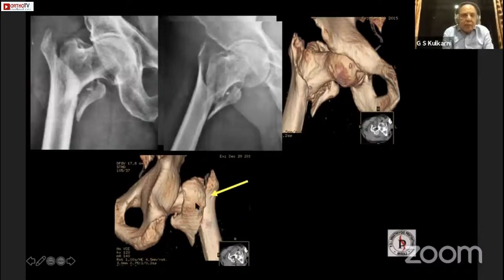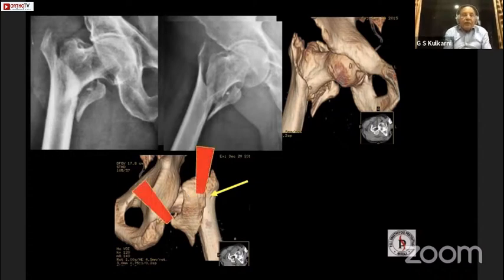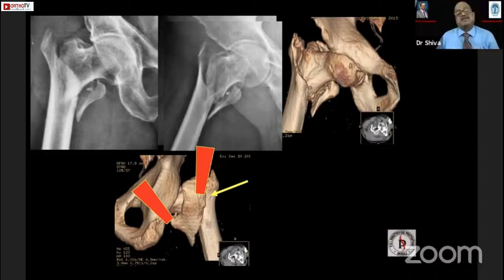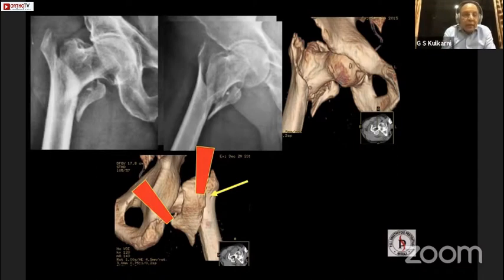It's a big fragment. The problem is that the abductors are attached and the iliopsoas muscle is attached. So with the abductor and iliopsoas muscles, the fragments are moving like that. So you can see here, it is a big fragment here. You can see this slight fragment.